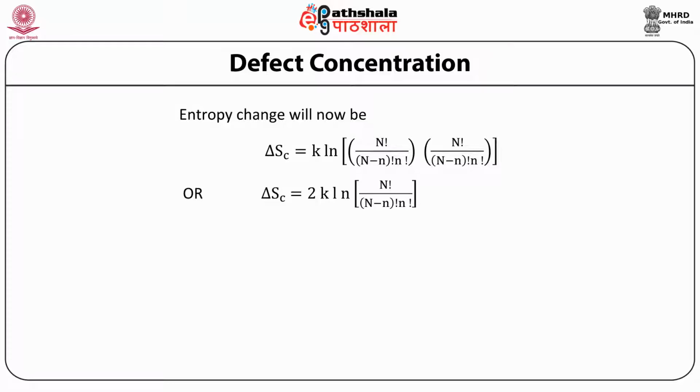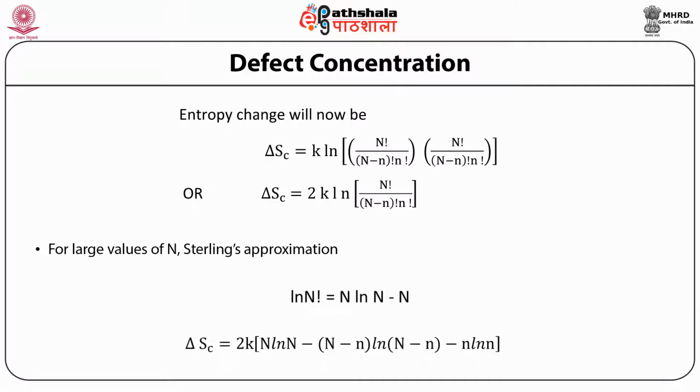So the 2 comes in front of the expression and the expression for the entropy change becomes delta Sc is equal to 2k ln of N factorial divided by (capital N minus small n) factorial into small n factorial.